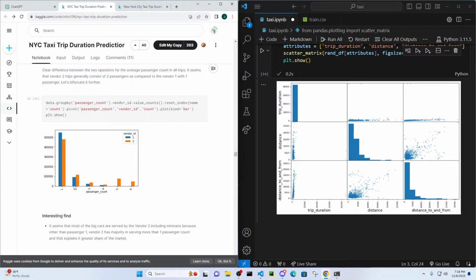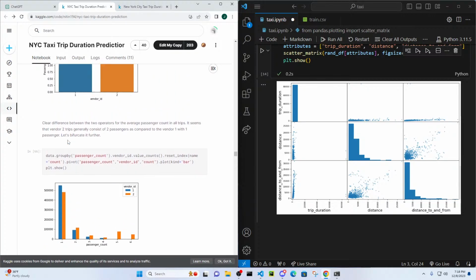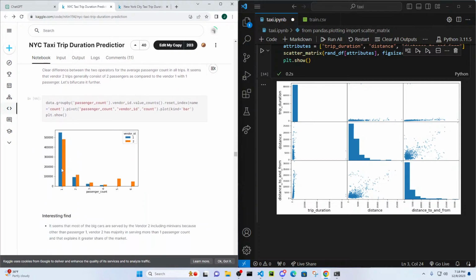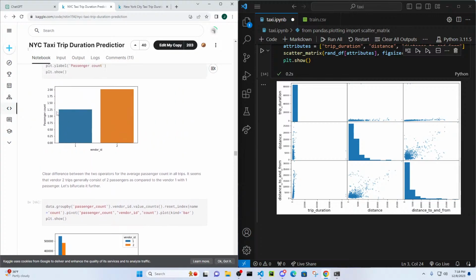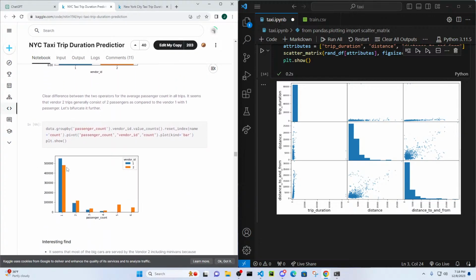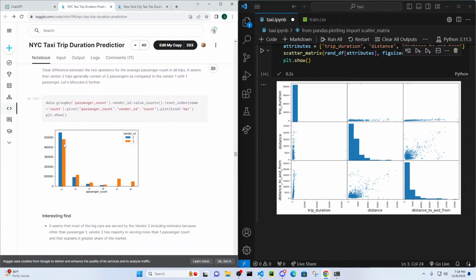So blue is vendor 1, orange is vendor 2, and then, yeah, so vendor 1 has more 1 passenger trips, and then vendor 2 is higher for all the rest of the trips. And I don't see vendor 1 with anyone with 5 or 6. Vendor 1 only has 1, 2, and 3.